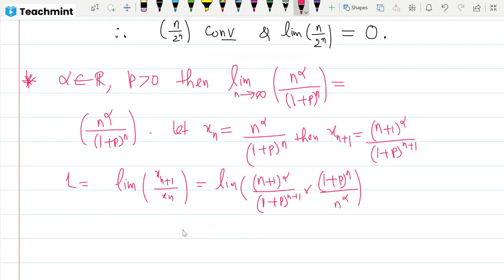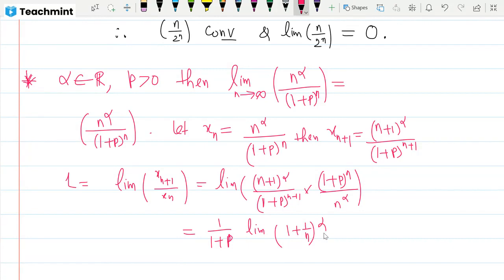So this limit is 1 by (1 plus p) times the limit of (n plus 1) whole power alpha by n power alpha, which I am writing as (1 plus 1 by n) whole power alpha.